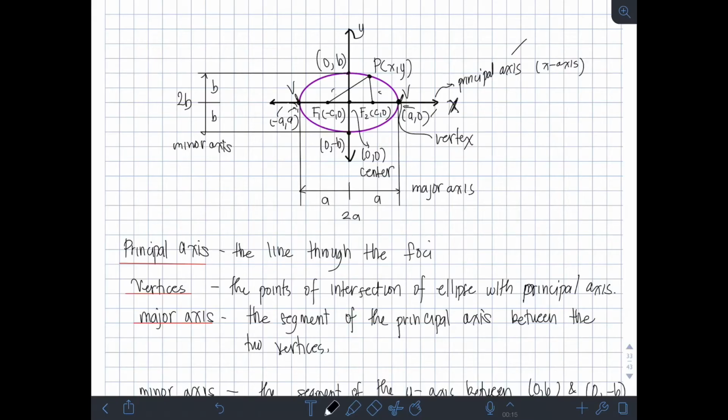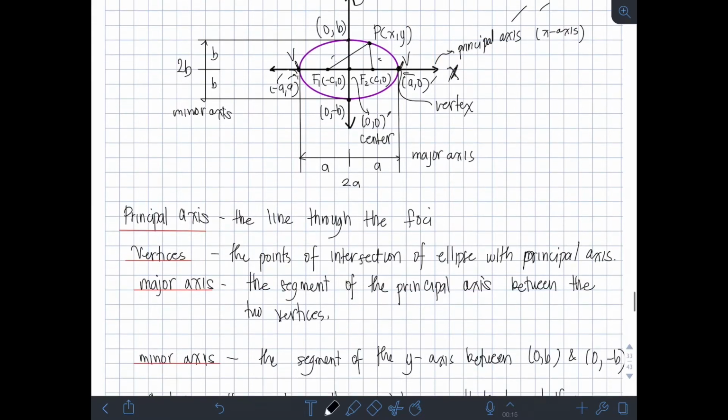So, the distance from the center, which earlier was 0, 0, to each vertex is a units. So, our a earlier is the one we defined as 2a in the definition, right? Okay? So, those are the vertices, negative a, 0 and a, 0, with the x-axis as the principal axis. Next, we have the major axis: the segment of the principal axis between the two vertices.